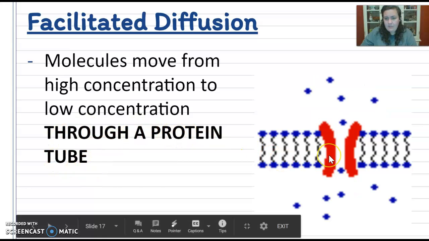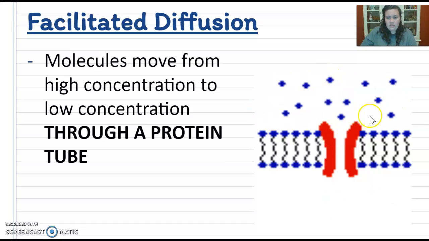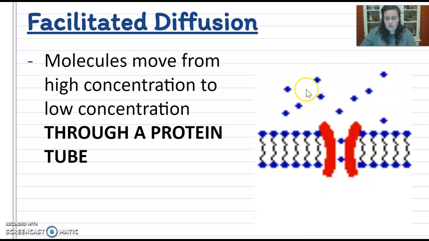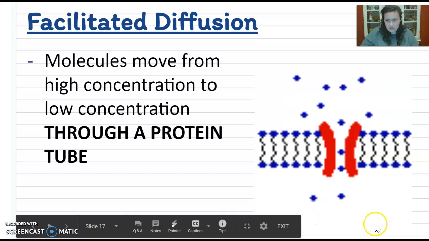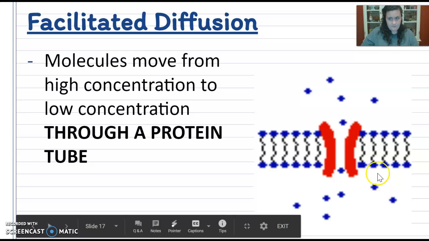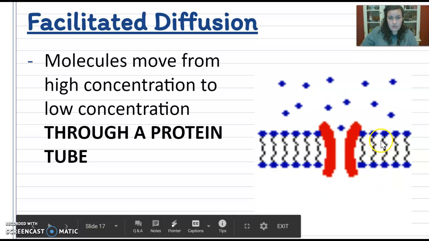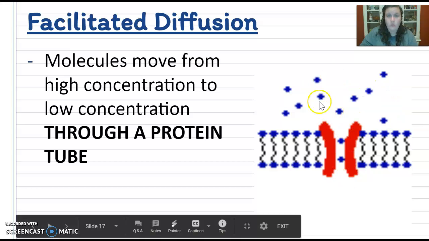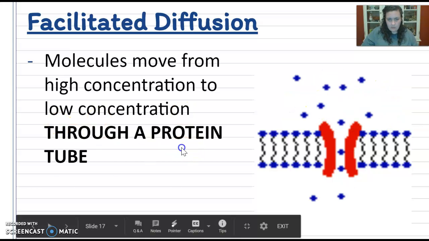Okay, so you can see that happening over here. We start with a really high concentration of blue circles and a low concentration, and they're going to move from high to low until they even out. Okay, so we are just doing regular diffusion through a tube. We're getting some help. We're using a protein tube.